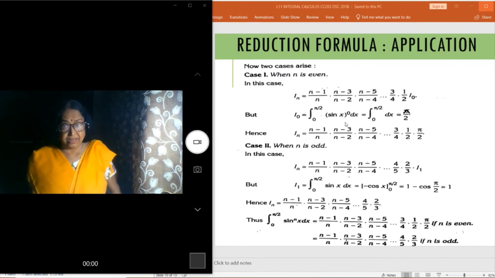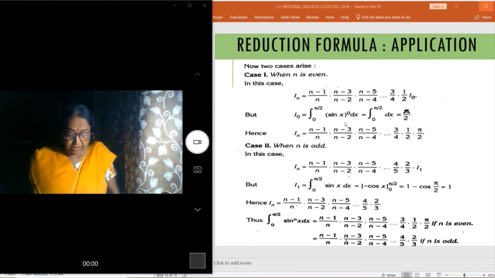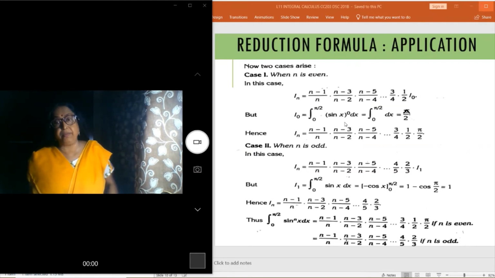When n is odd, then in that case In will last with 2 by 3, then I1. I1 means when the value of n is equal to 1. So I1, the integral over 0 to pi by 2 of sin x dx, is equal to minus cos x with limits 0 to pi by 2, which is equal to 1 minus cos pi by 2, and cos pi by 2 is equal to 0, so that is equal to 1.